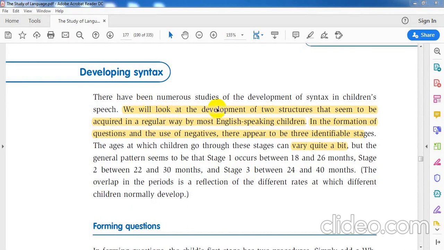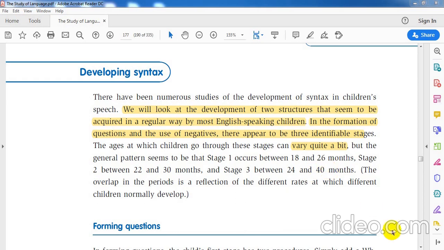We will look at the development of those structures that seem to be acquired in a regular way by most, not all, this is very important to note, English-speaking children. Now, these two sub-stages of forming the questions and negatives occur in 3 times. We have from 18 to 26 months, 22 to 30 months, and 24 to 40 months.